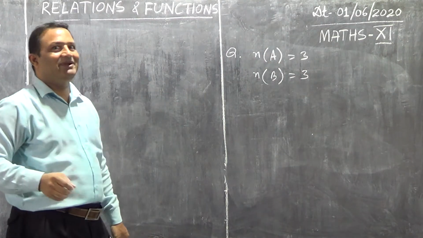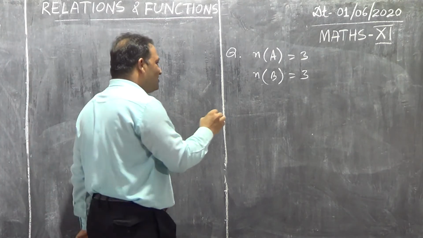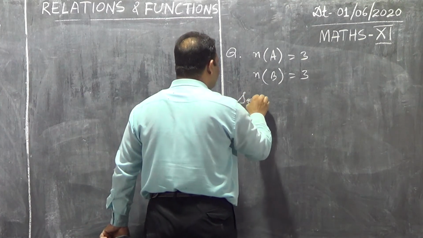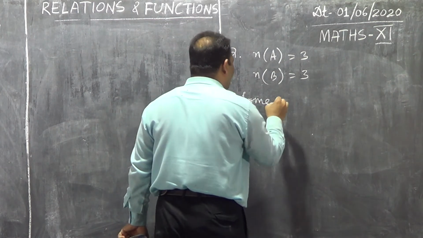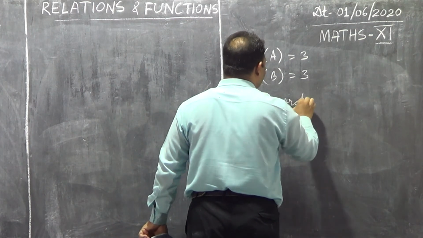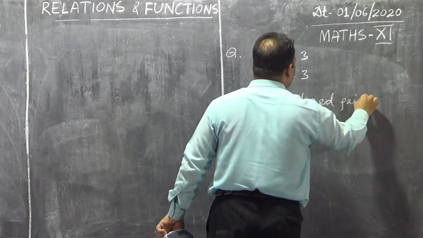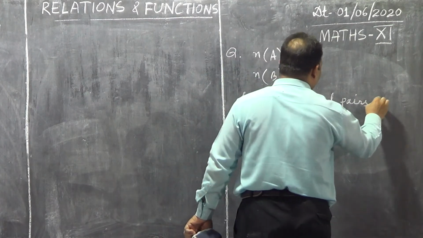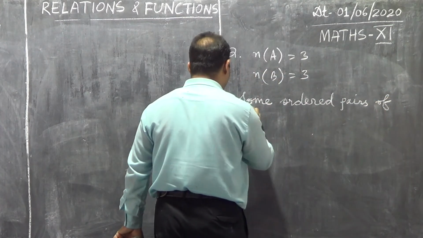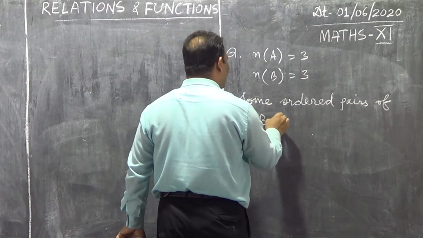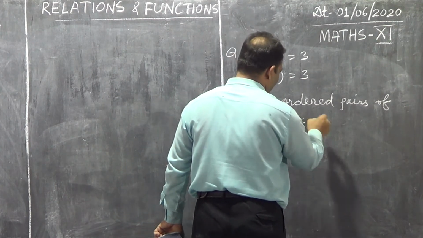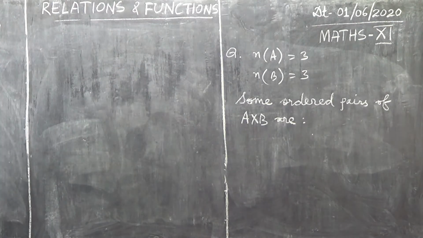So 3 elements they have, and some ordered pairs of A cross B are given to us, not all. By using them we have to find something.